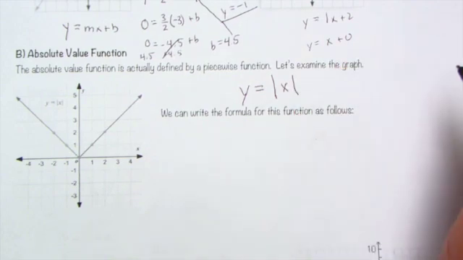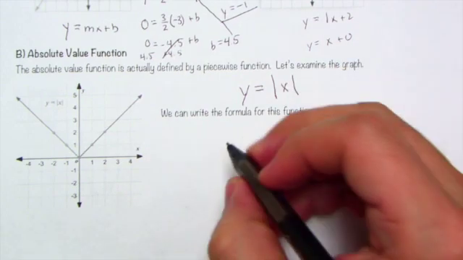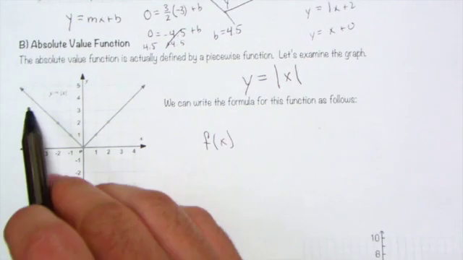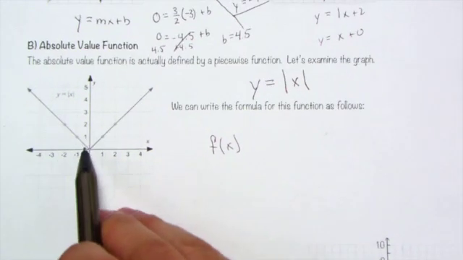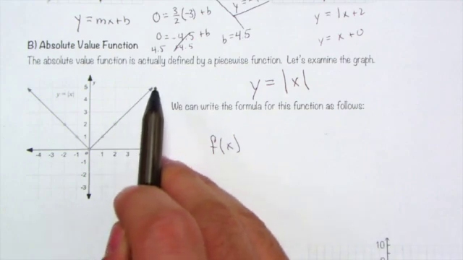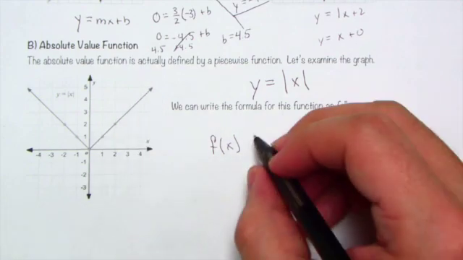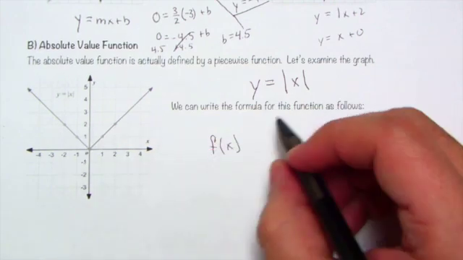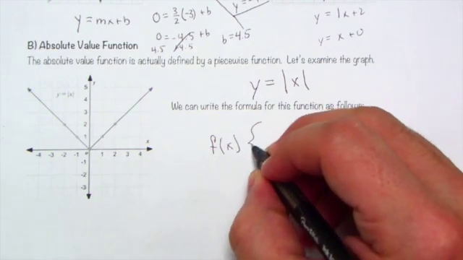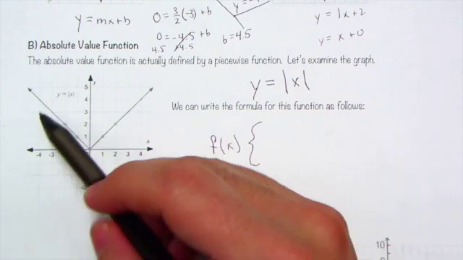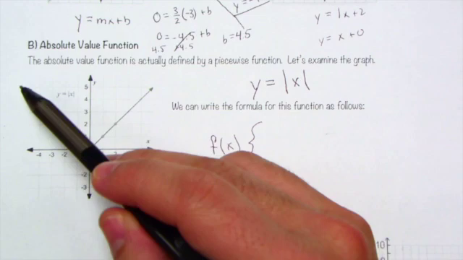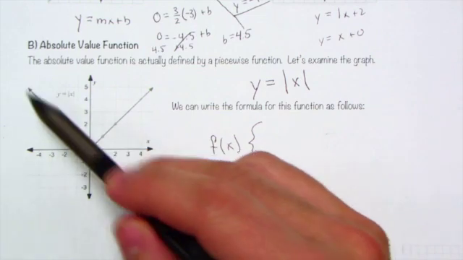Okay, so how we write that as a piecewise function, it'll be f of x, and we're going to do the equation for this line, then the equation for this line. So it's pretty easy because everything stems from 0. So let's start with this first one. This one has a slope of -1.